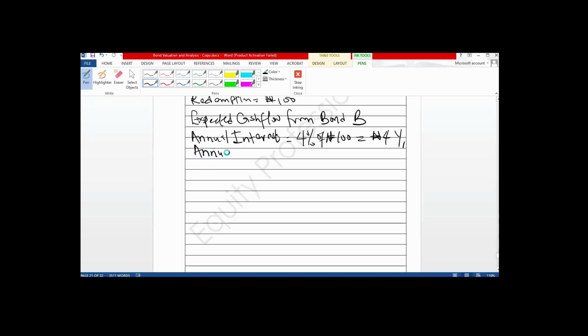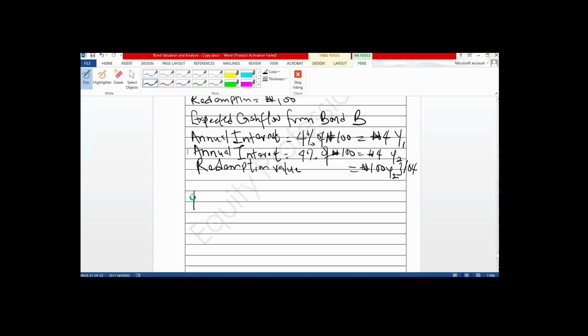The annual interest again, 4% of 100 naira, gives 4 naira in year two. The redemption value, because bond B is for 2 years, is 100 naira in year two. That means at maturity, you are going to get a cash flow of 104 in year two.